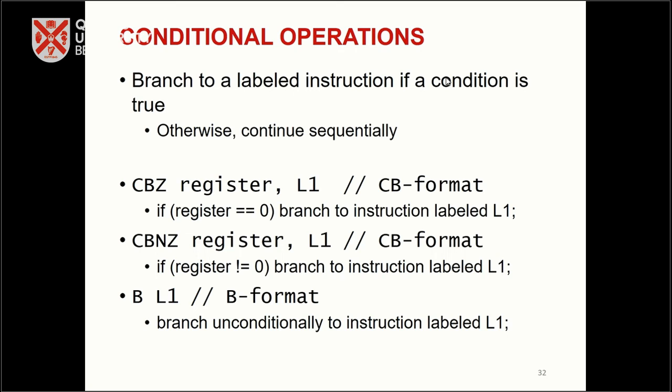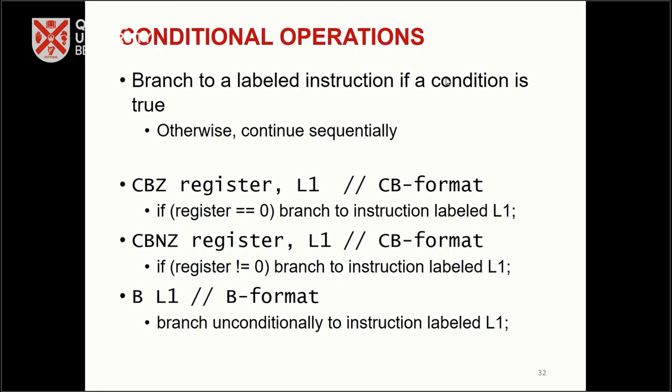We use labels instead of addresses because it's easy for us, the programmers. So at some place in my program, I will have a label, we will see it later, which will be L1, and we will go there if this condition happens. The contrary will be compare and branch if not equal 0.